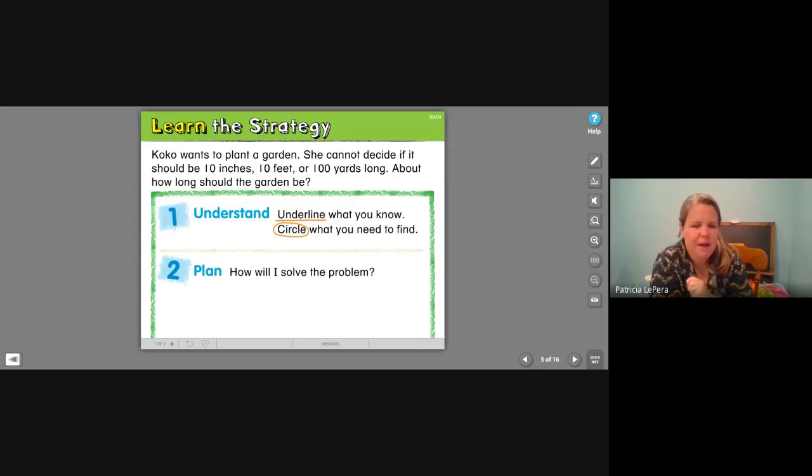Okay, so you really have to think back about these three different kinds of measurements. 10 inches, 10 feet, or 100 yards long. So let's talk about these for a minute. 10 inches. 10 inches is just 2 inches short of a ruler. And actually, I'm looking for my ruler. Here it is.